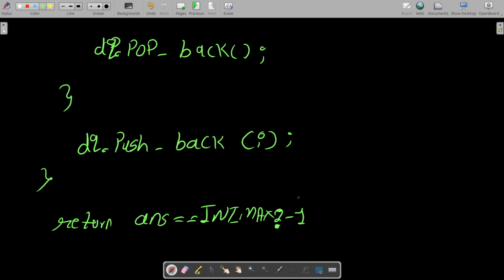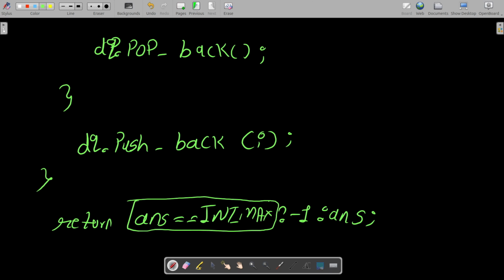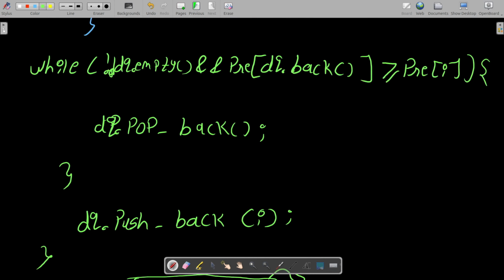We would check with a question mark here, else we would return our answer. So if this thing was true, then we would return -1, else we would return answer.